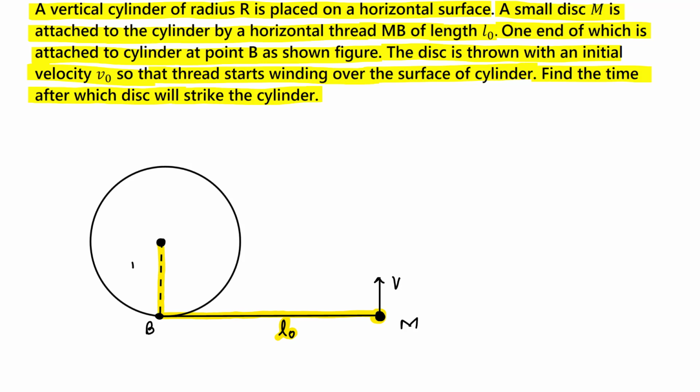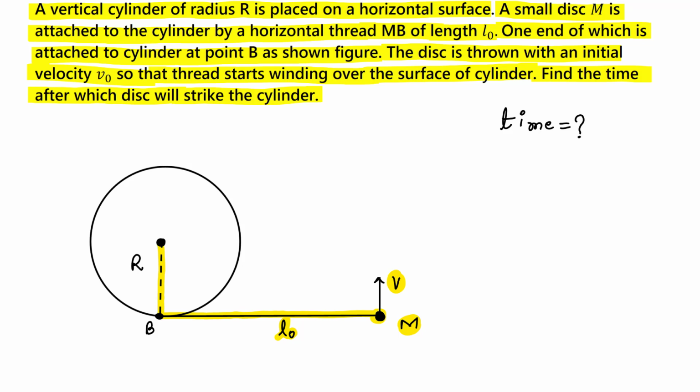Let's say this radius is R. And the mass of the disk is given, that is M. And this is thrown with a velocity V. So velocity is also given. What we have to find is the time after which this disk will strike the cylinder.